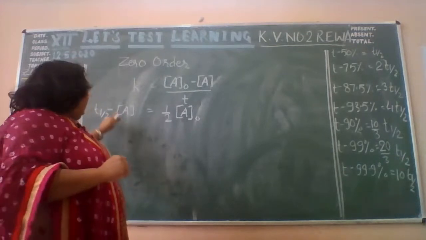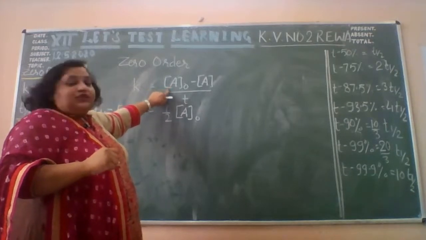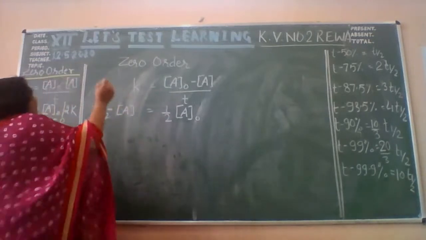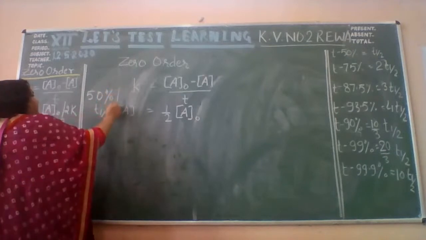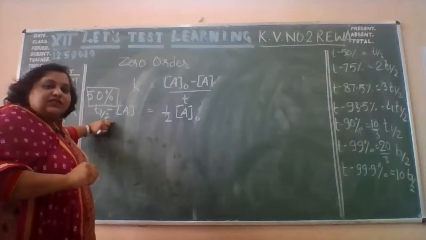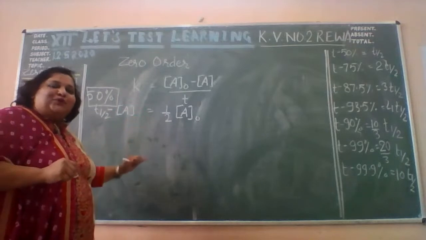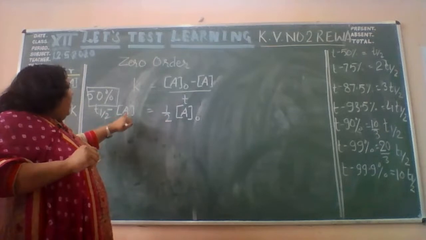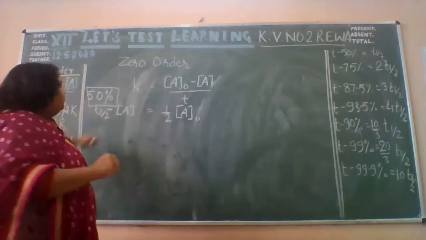If at the beginning of the reaction, at t equal to 0, it was a naught, then at the half-life period, the time when 50% of the reaction is completed, whatever the initial concentration, 50% converts into the product, right? So here the final concentration at the time t half will be a naught by 2. Now substitute this value.